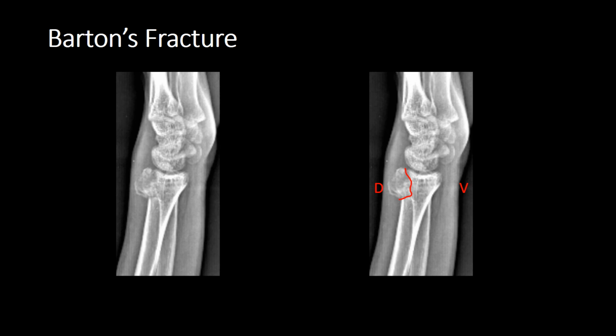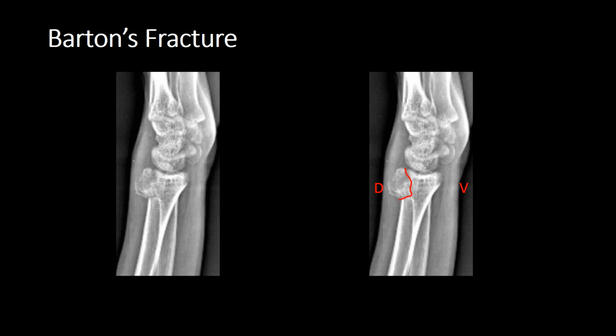Now, I don't actually like these images. They're pretty awful, and as you can probably guess, I've ripped them off the internet. The reason I don't like this as a description of a Barton's fracture is that the key to a Barton's fracture, and to a reverse Barton's fracture, is that the carpals need to follow the fracture fragment.